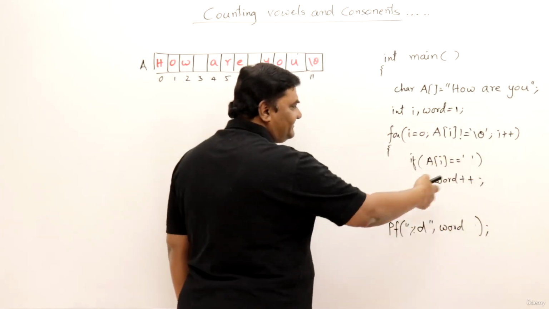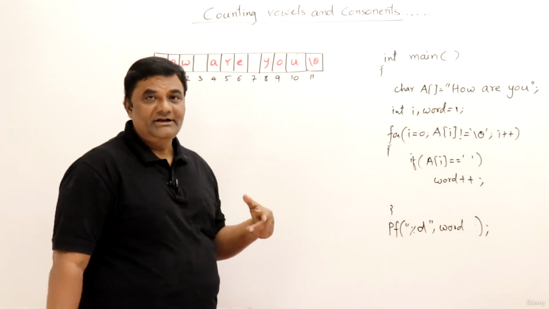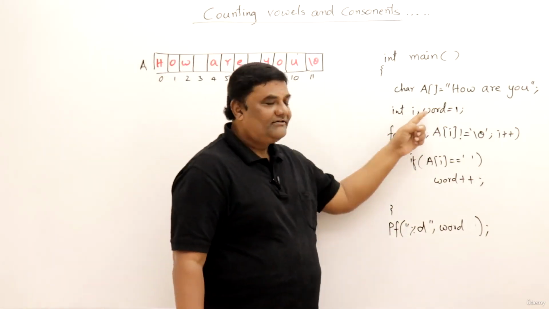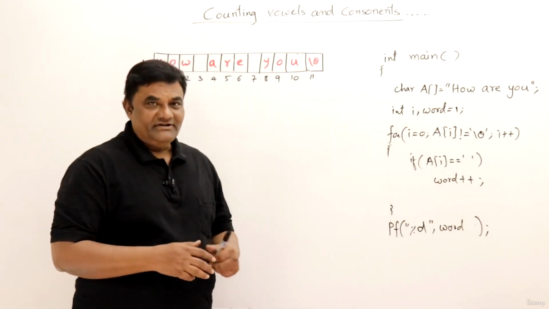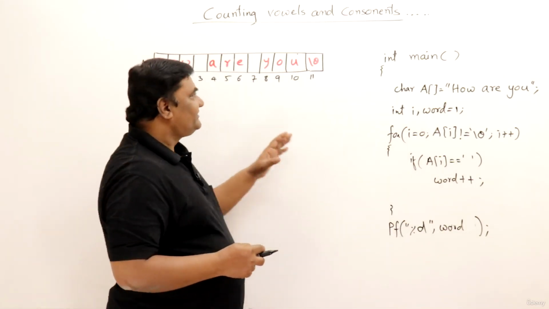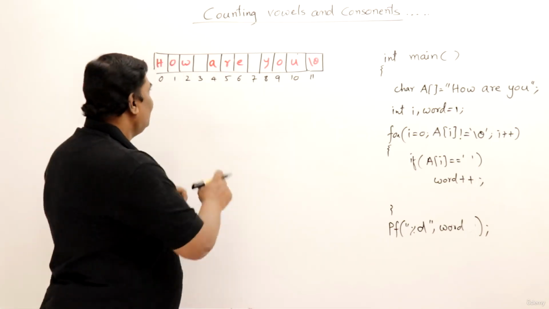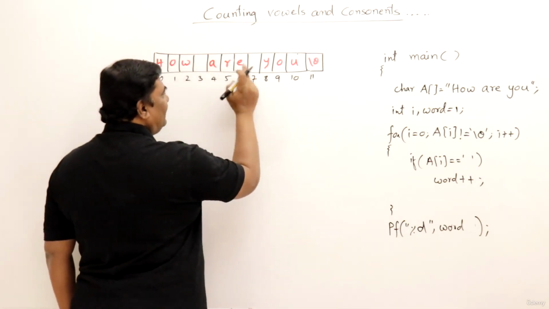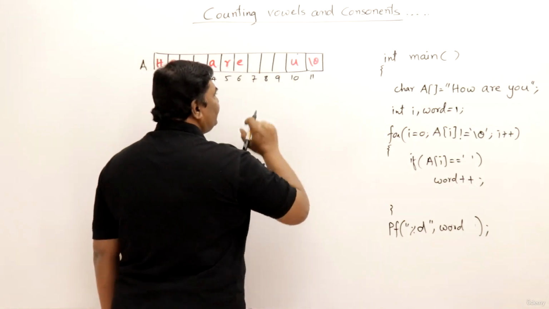Now as many spaces we have, that many times this word will increment. So there are 2 spaces, so 2 times it will increment. Already 1 we have, so total 3 words are there. Now one more thing in this one, if suppose more than 1 spaces are there, how is it possible? See, suppose this is not there, then u is there.